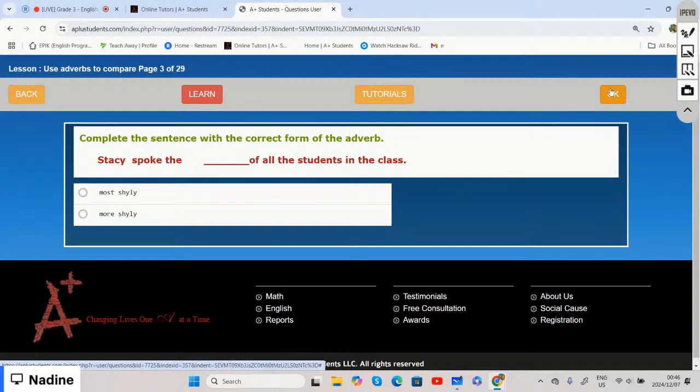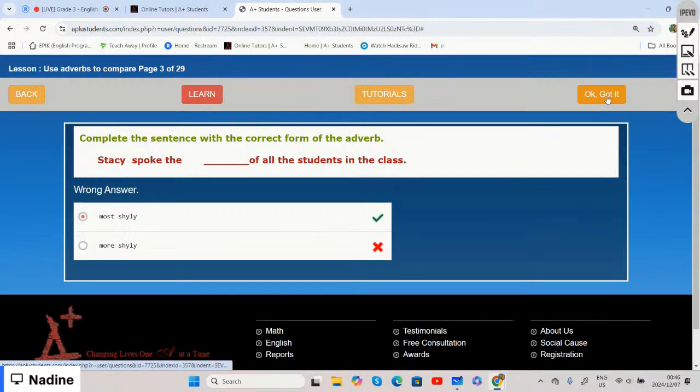All right, then the last one, and then we're done. Stacy spoke the, instead of saying shyly, of all the students in the class. If we're comparing it to the other students in the class, then we can say Stacy spoke the most shyly of all the students in the class.